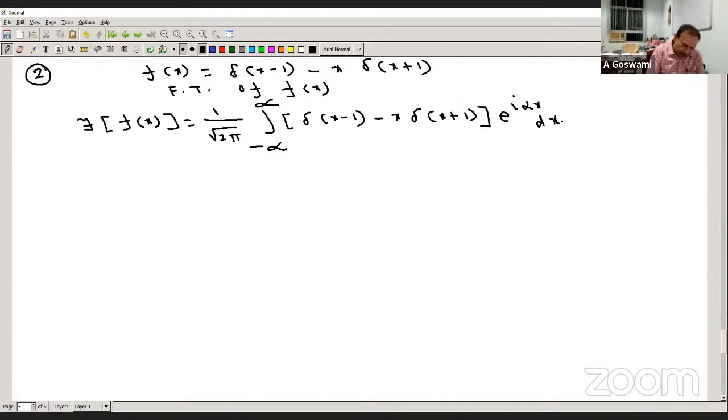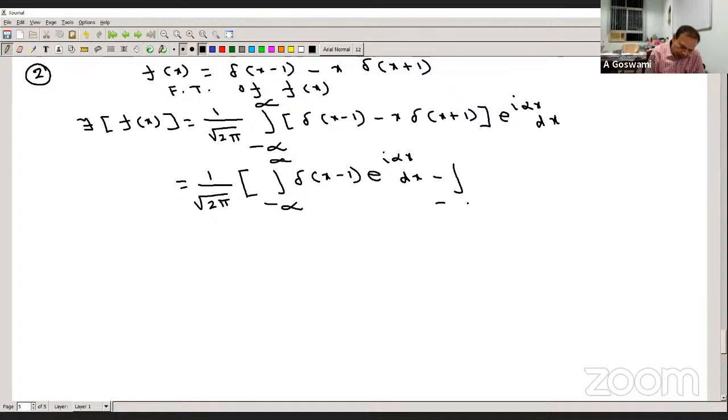So if you break it into two integrals, you will obtain 1 by root 2 pi, integral from minus infinity to infinity of delta x minus 1 into e power i alpha x dx, minus integral from minus infinity to infinity of x into delta x plus 1 e power i alpha x into dx.